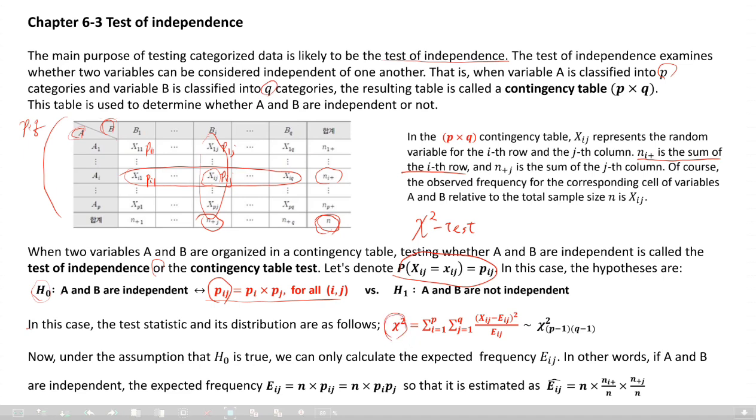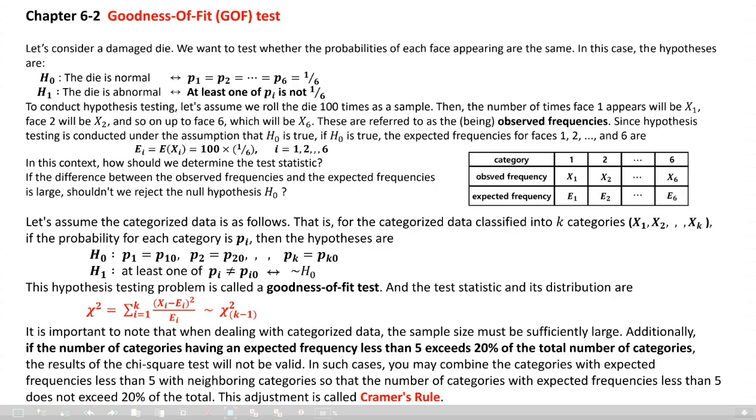We already studied chi-square in the goodness of fit test: the test statistic has a chi-square distribution with degrees of freedom k minus 1. What is the form of this chi-square? It is the sum of observed frequency x_i minus expected frequency e_i, squared, divided by the expected frequency e_i, right?